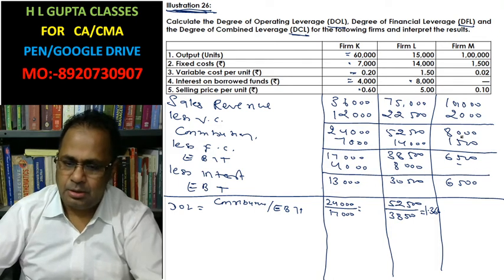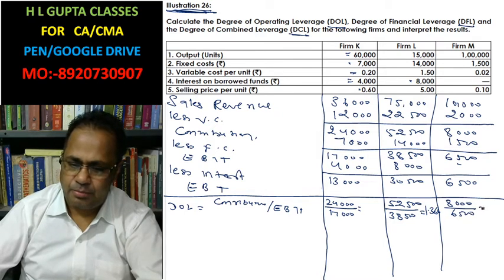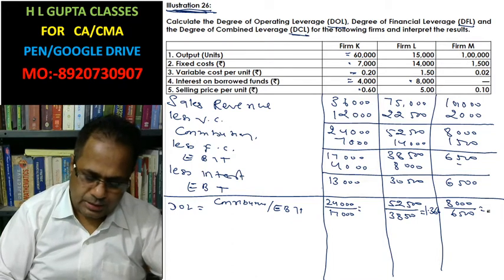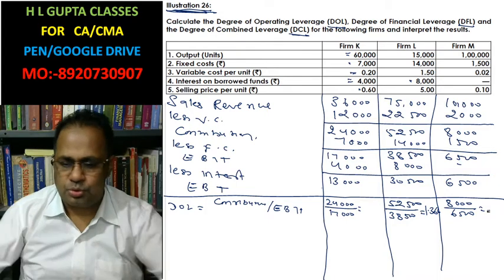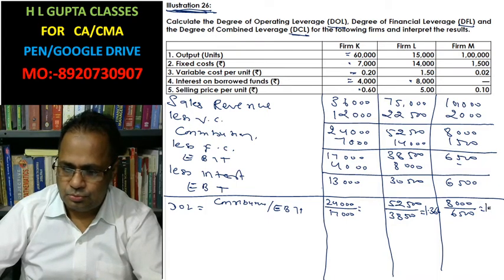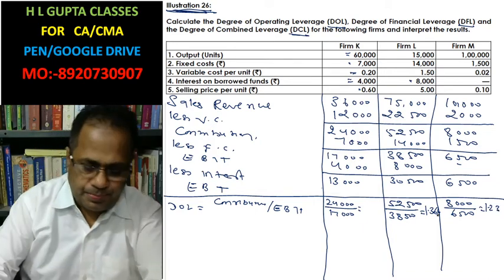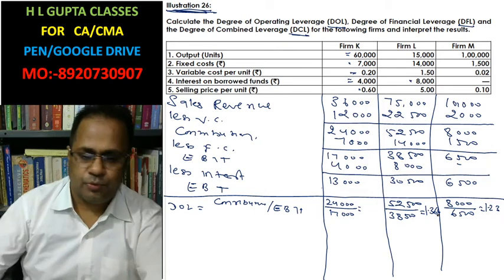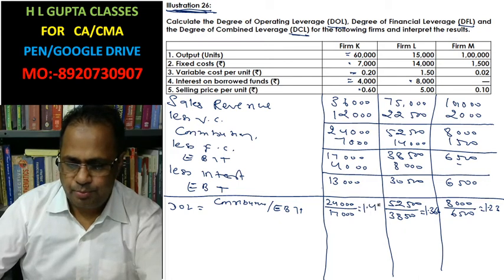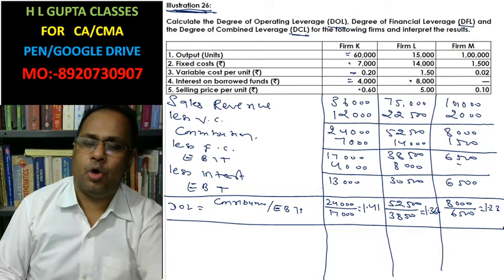In this case, 8,000 divided by 6,500 is 1.23. This is the degree of operating leverage.